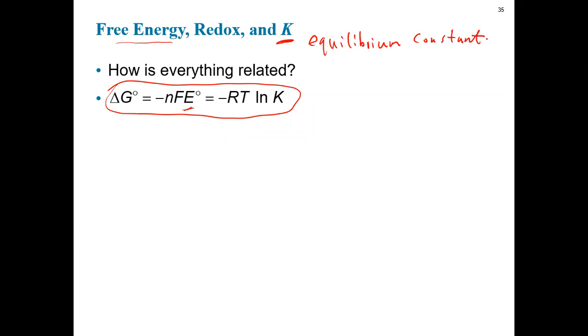K is our equilibrium constant. It can tell you the spontaneity by comparing Q with K. If Q is smaller than K, your reaction going forward is spontaneous. So all 3 are negative, because they all can tell the direction of your chemical reaction. So this equation summarizes all the equations you need between these 3 quantities.